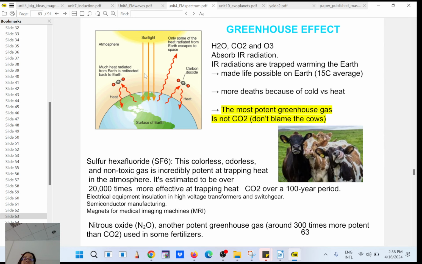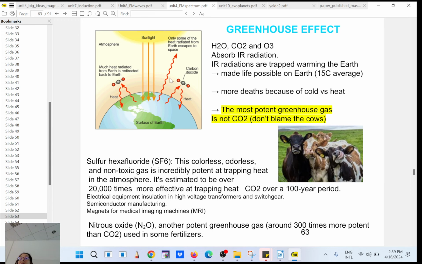The way it works is that the Earth absorbs radiation from the sun, including visible light and UV, and it re-emits infrared. Remember, radiation is like energy flowing. Some of the energy goes into heating the water and the ground, and then you have some infrared being emitted.